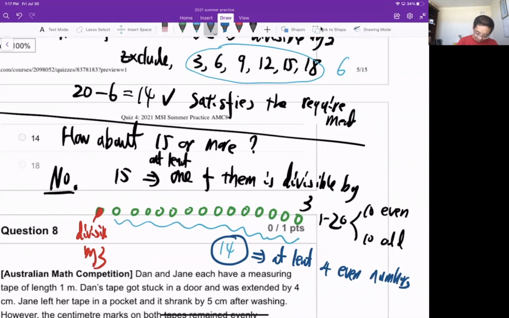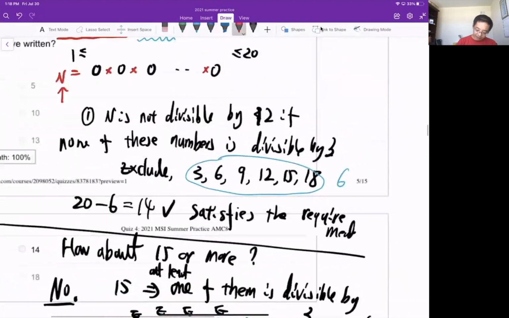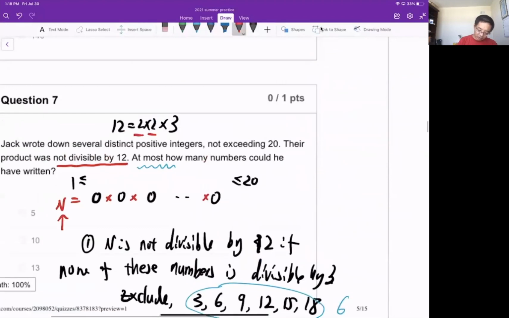So let's say we have 4 even numbers: this is even, this is even, this is even, this is even. Then you have 3 multiplied by these even numbers. This must be divisible by 12, because 12 is just 2 times 2 times 3, so you just need a 3 and 2 even numbers.